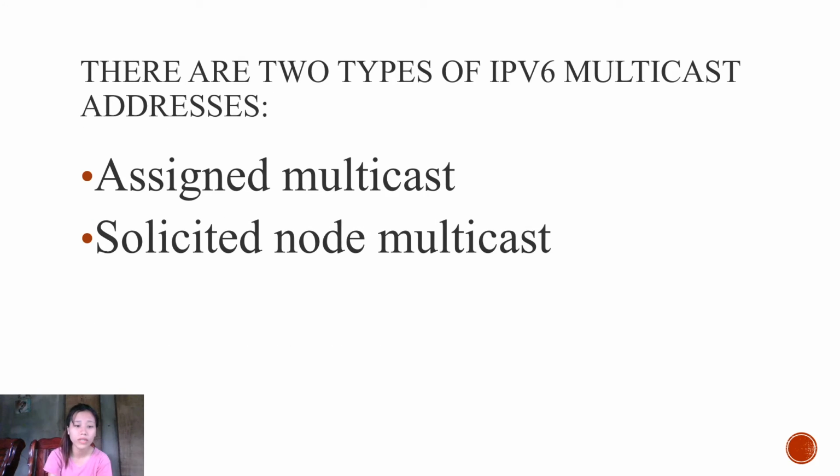The assigned multicast and the solicited node multicast are the two types of IPv6 multicast addresses.